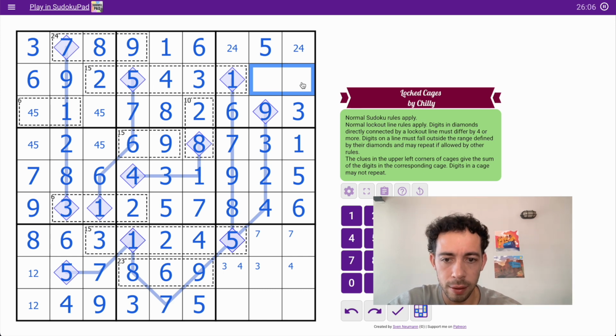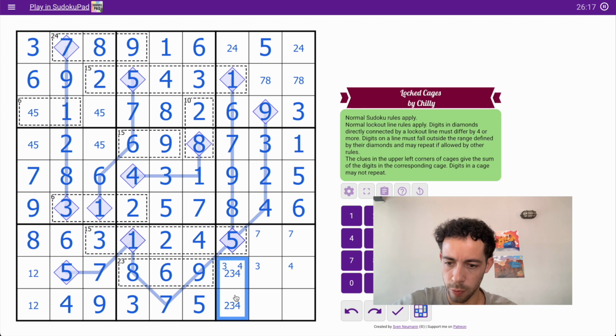Took me a second. And we can't disambiguate that yet. 2, 3, 4. But that will have to be the 2, which makes that the 4, which makes that the 3.